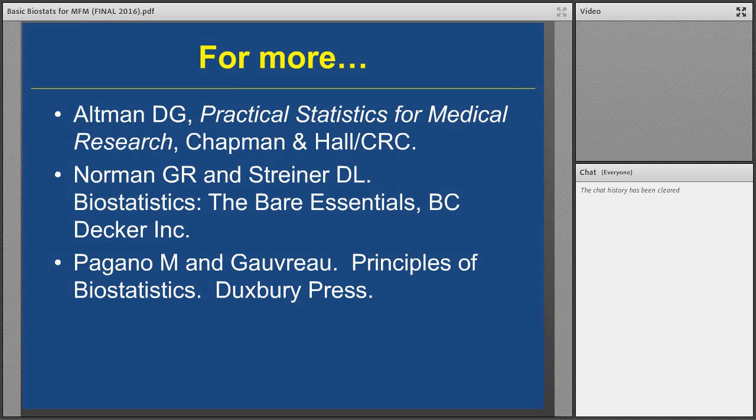So these are some good resources just for general biostatistics for people. I know the fellows are really hungry to learn more about biostatistics, and I would say that these books are good core books to get a good handle on biostatistics, particularly the Norman and Streiner book.